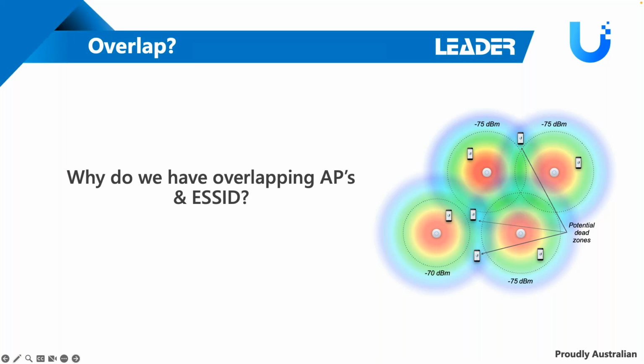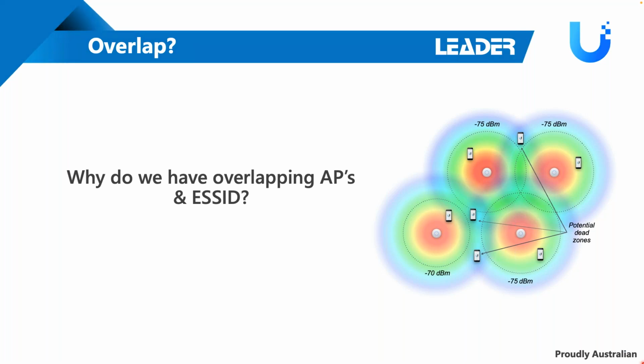And we have quite a few access points that directly overlap with each other in terms of their coverage area. They don't overlap with each other in terms of their channels. So as an example, we can say that this one is channel 1, this one is channel 6, and this one is channel 11, just as a way to make sure that the overlap doesn't negatively impact our environment.